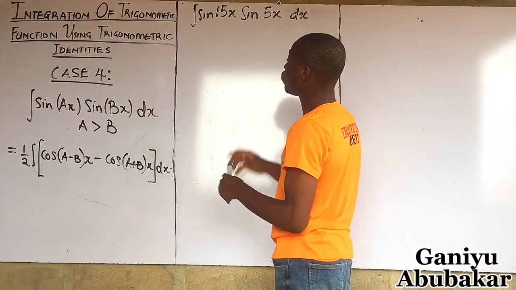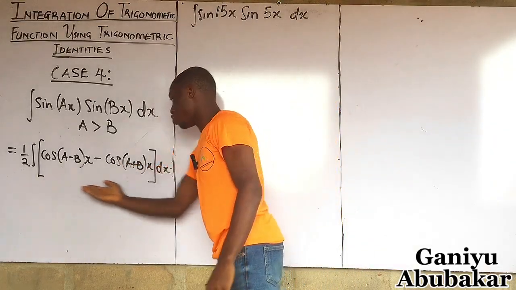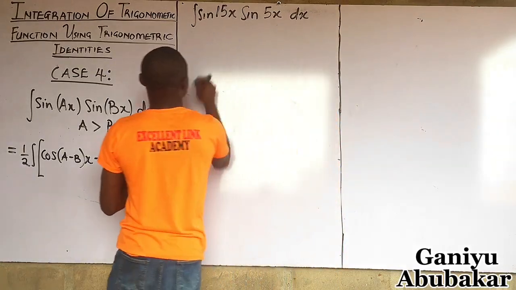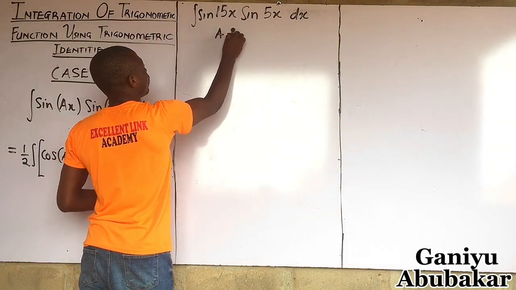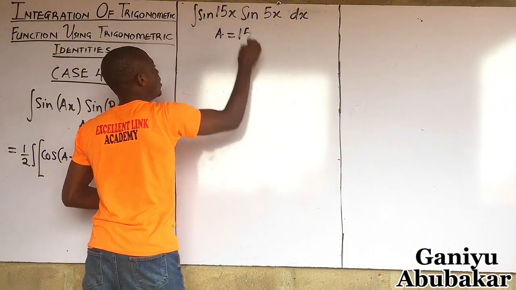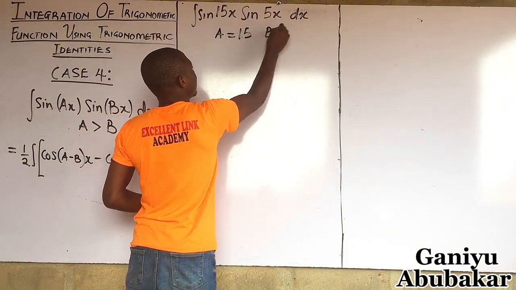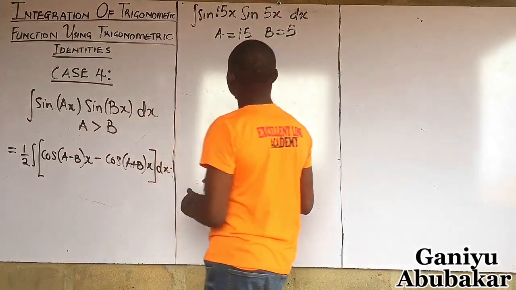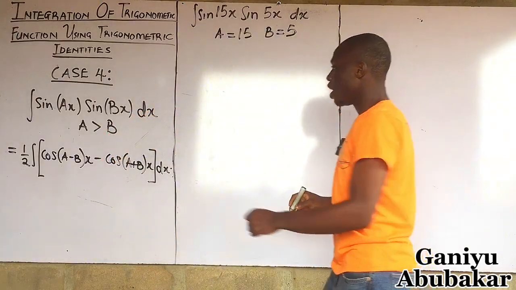So how do I express this? I'll use the same mathematical expression. Let's get a and let's get b. What's a? Of course, a is 15. And b is 5 at this point. Let's express this mathematically.